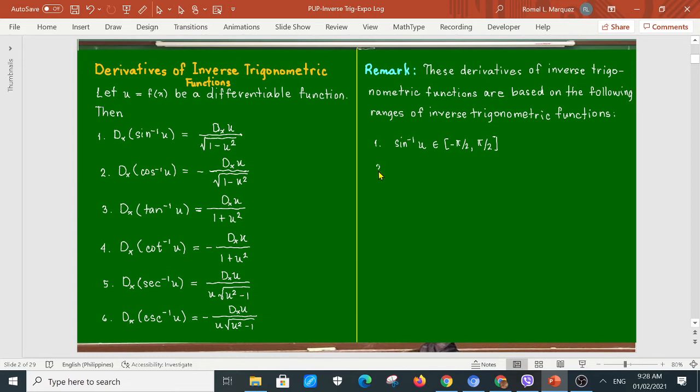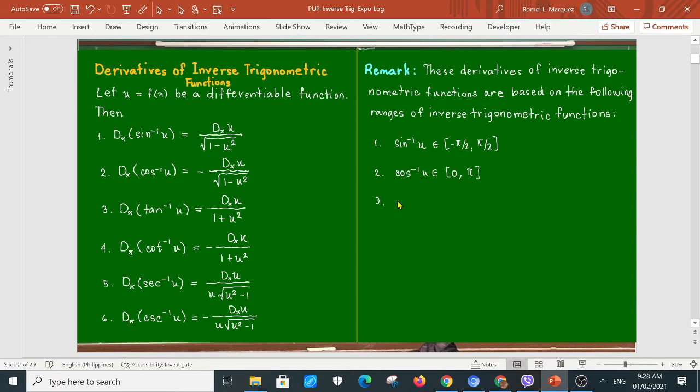Number 2, inverse cosine u, the range is 0 to pi, meaning from the first quadrant to the second quadrant.